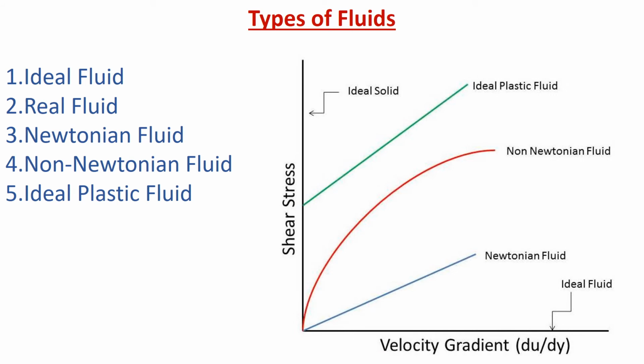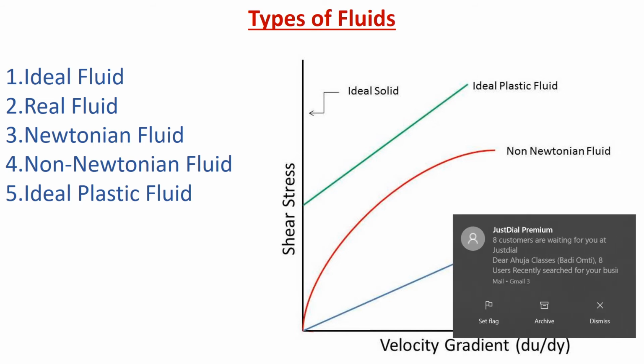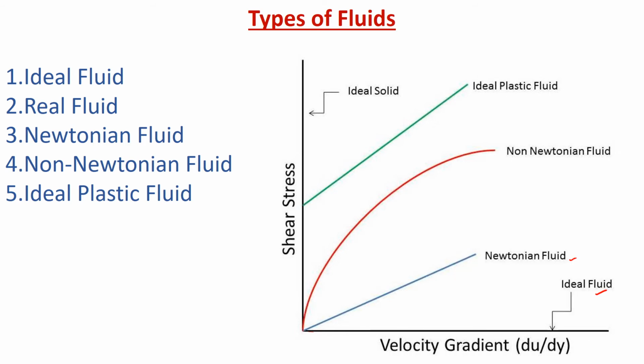Let us talk about types of fluids. Fluids are fundamentally of the following 5 types. The first type is the ideal fluid, in which there is no shear stress. The second is the Newtonian fluid, in which the shear stress is directly proportional to the velocity gradient, or the fluids which follow Newton's law of viscosity.